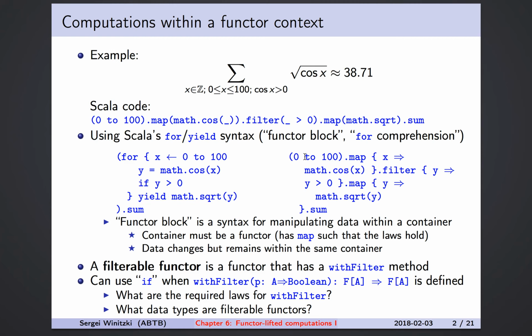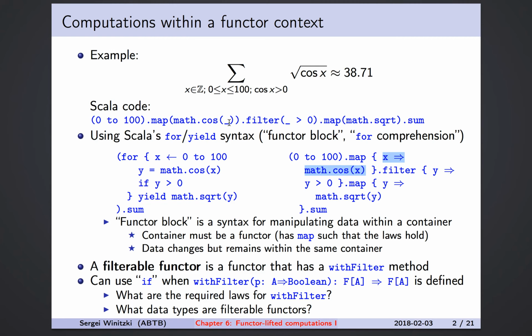We can compare it side by side with the code of this program written a little bit more verbosely, where I wrote out all the arguments with names. So here I say, for example, cosine of underscore, and this is the Scala syntax for a function like this: x goes to cosine of x.